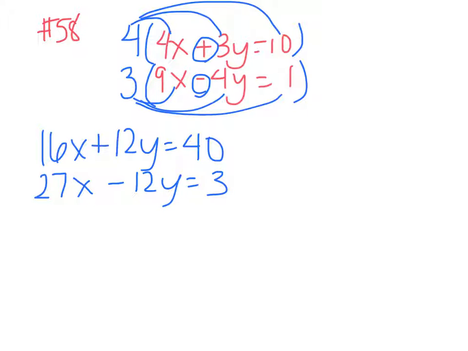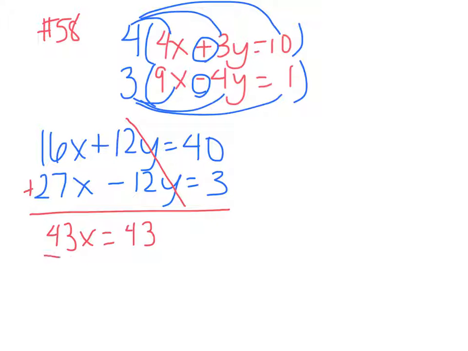If I draw my line and I add them, my 16 and 27 give me 43x. My 12y's are eliminated, and then that's equal to 43. And I can divide both sides by 43 to get x is equal to 1.